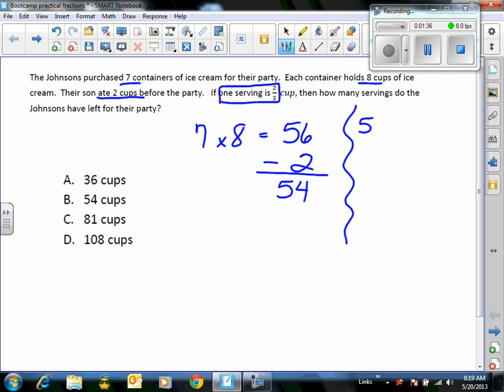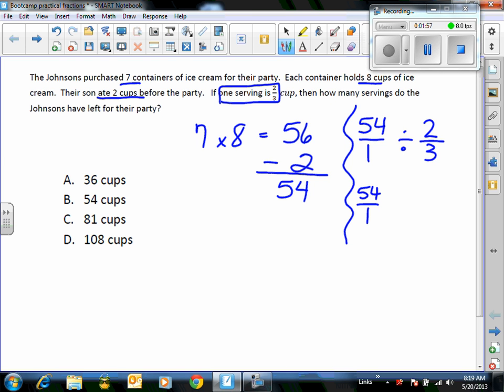We can say 54 over 1 divided by 2/3, because we're dividing all of those cups into 2/3 of a cup.